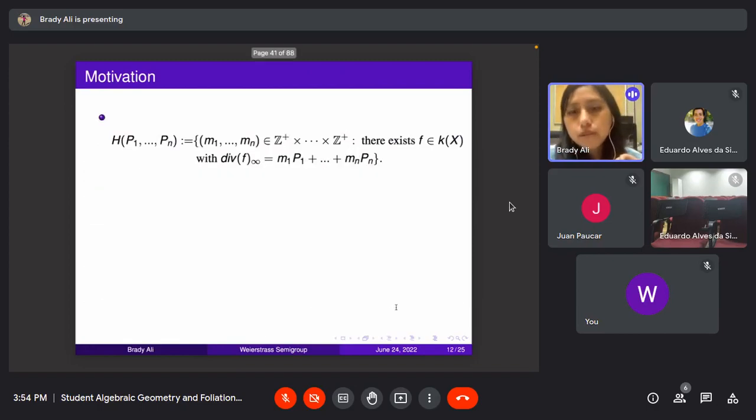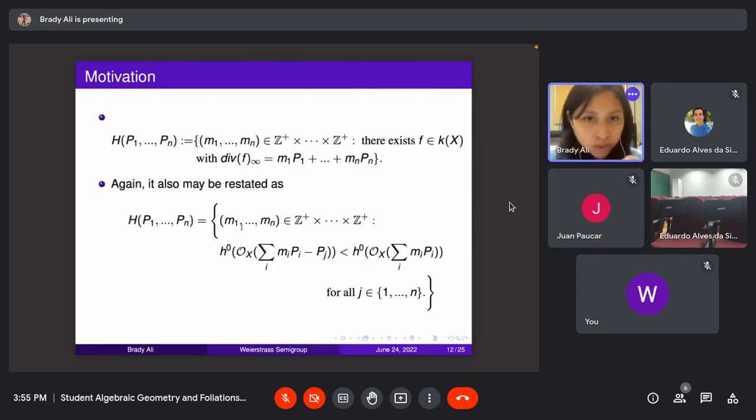Again, we can write this definition in terms of global sections, like this. This set is equal to the positive integers n1, ..., nm such that the dimension of the space O_X of the sum of n_i P_i minus P_j is less than the dimension of the global sections of the sheaf O_X of the sum of the points n_i P_i, for all j that go from 1 to n.